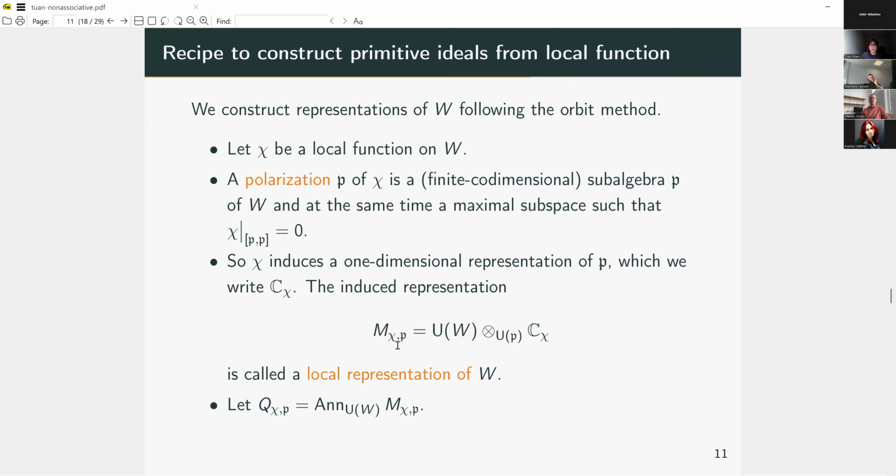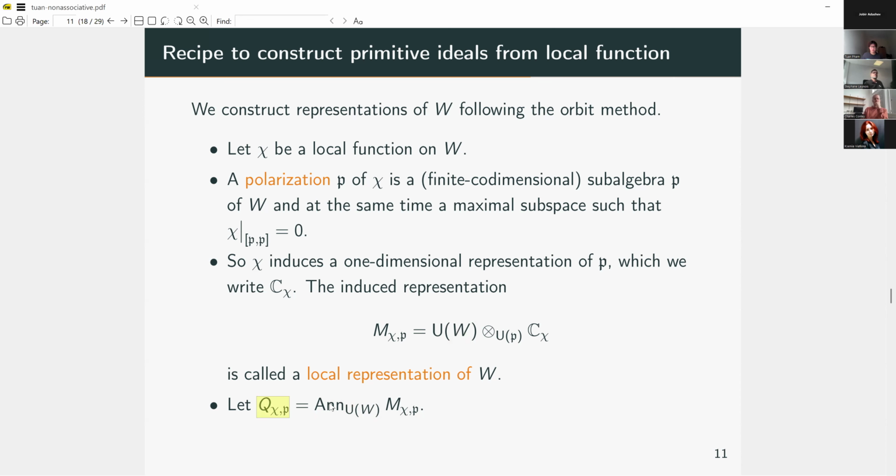This induced representation, M_{chi,P}, is called a local representation of W. And then I'm just taking the annihilator of that representation, and calling it Q_{chi,P}.